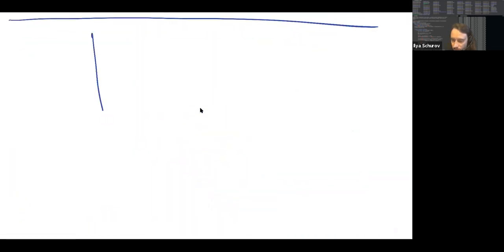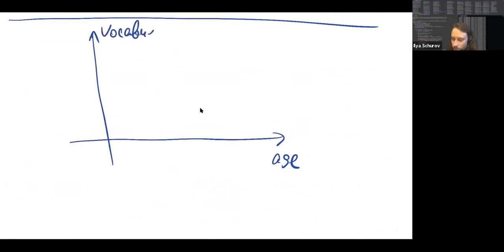Let me put age here, vocabulary size here, and let me pretend that the actual dependency is given by this straight line, and I have some values.